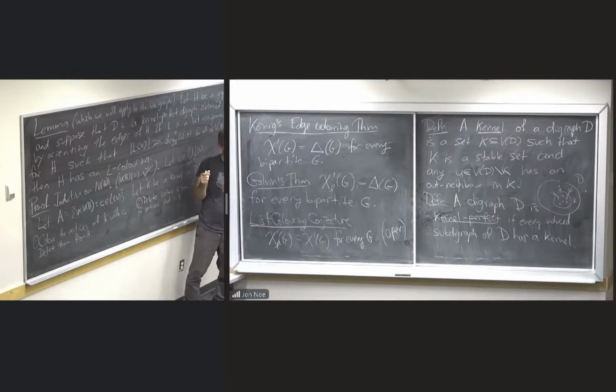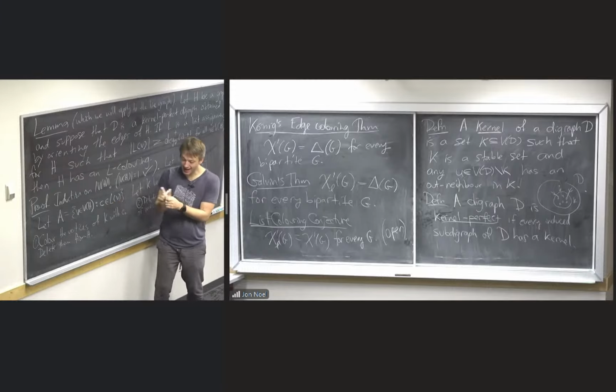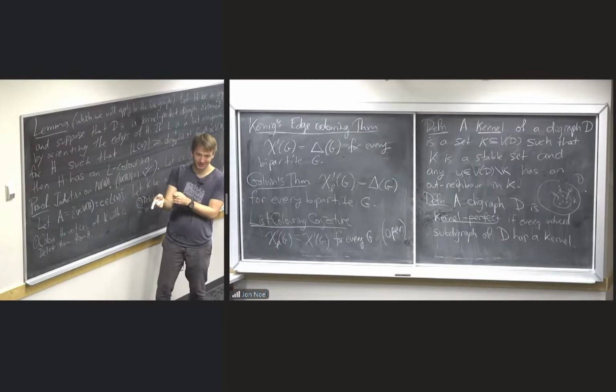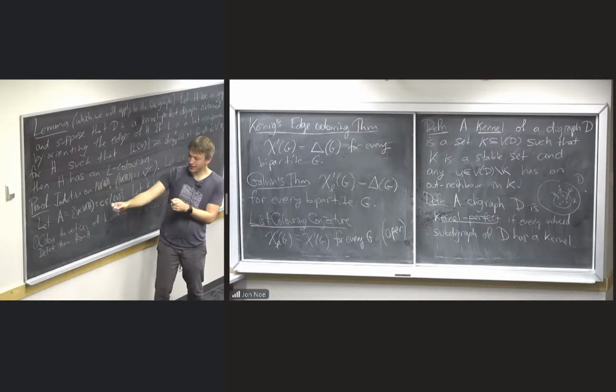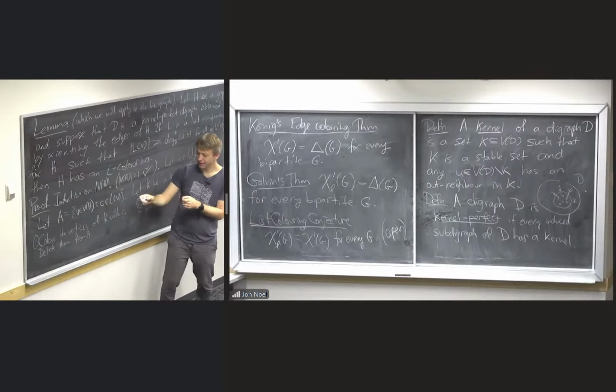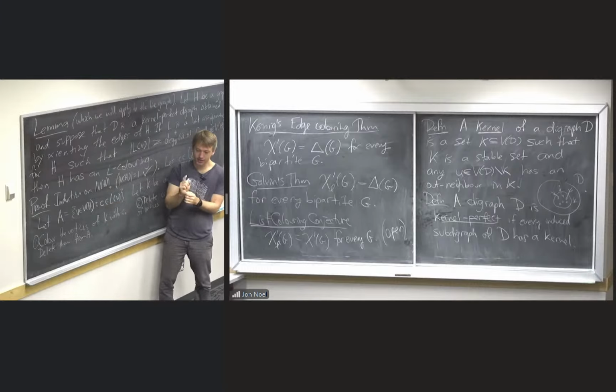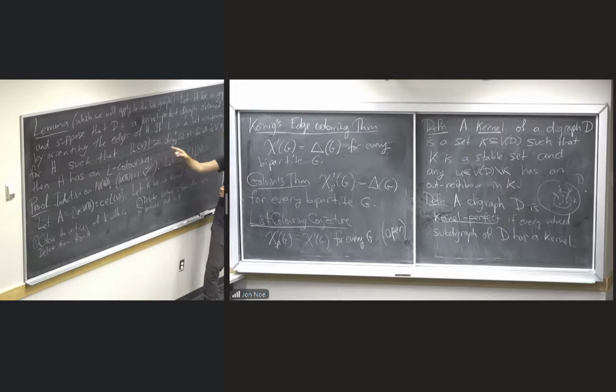But also, each of those vertices in A had an out neighbor in K. So any vertex in A lost one element from its list, but it also lost at least one out neighbor. So this went down by 1, and that went down by 1, but the inequality still holds.